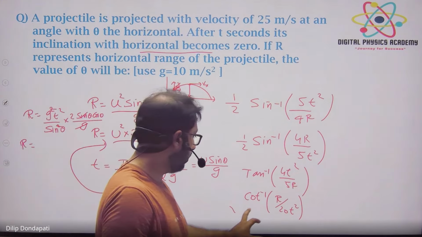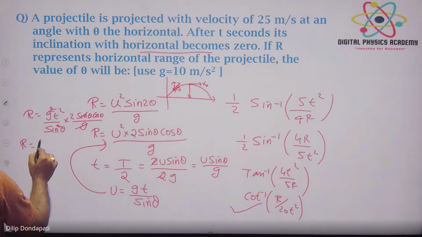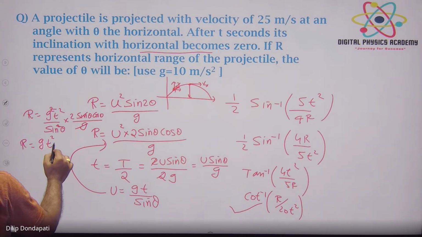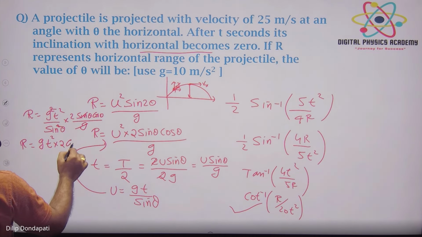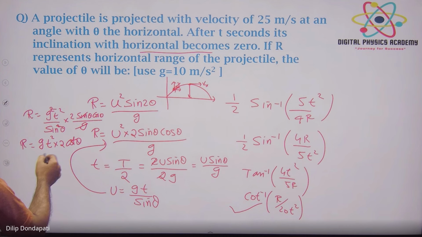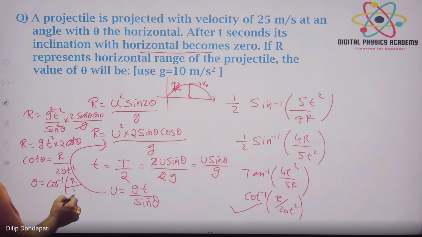Yes, correct, very good. r is equal to g t square into 2 cos by sin, which is cot theta. Take g as 10. So cot theta is equal to r by 20 t square, so theta is cot inverse of r by 20 t square. Alright, sir, I got it.